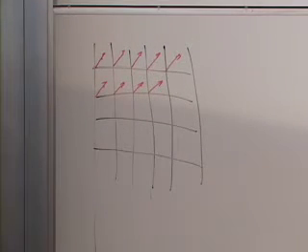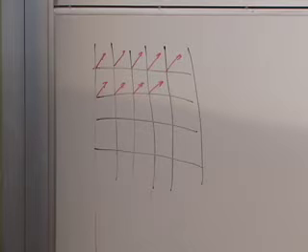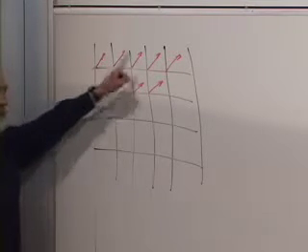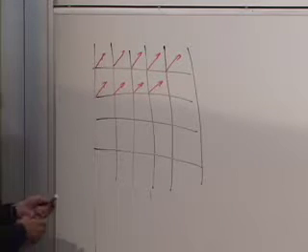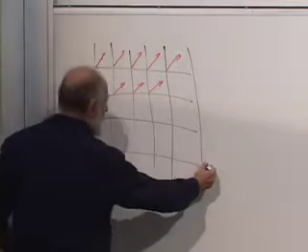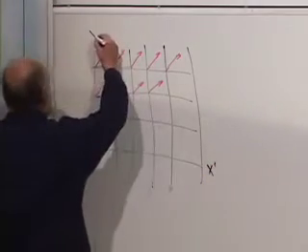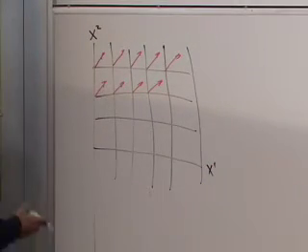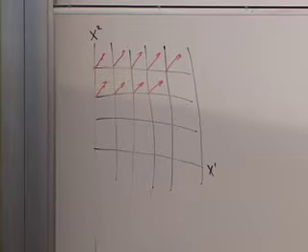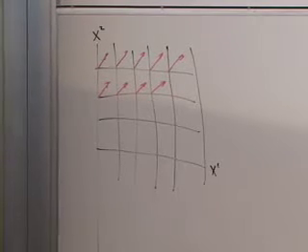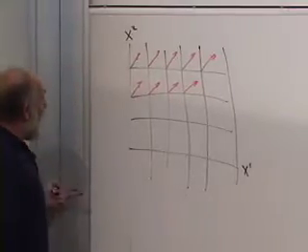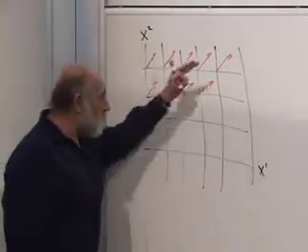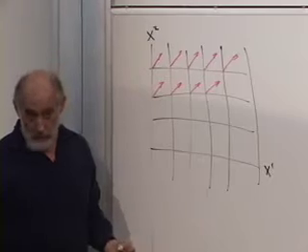Now, what can you say about the components of this vector as you move from point to point? In the same coordinates, x1 and x2. For example, let's take the covariant components. Covariant components being the projections onto the axes. It's pretty obvious that the components are also constant.